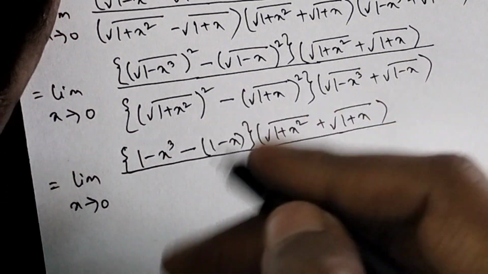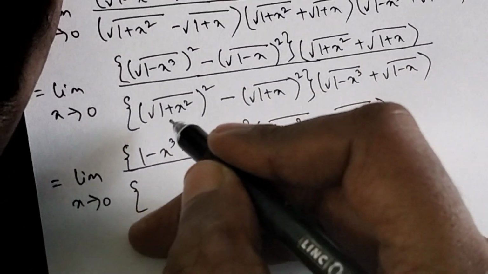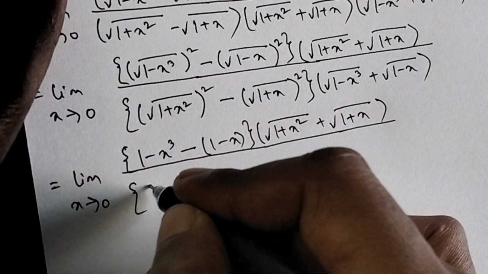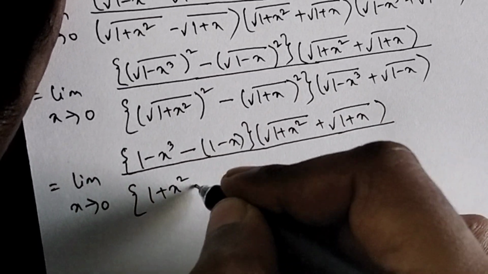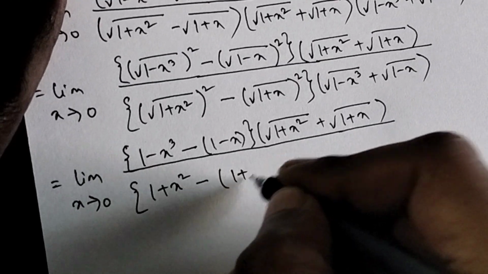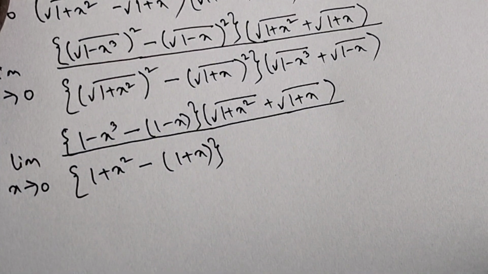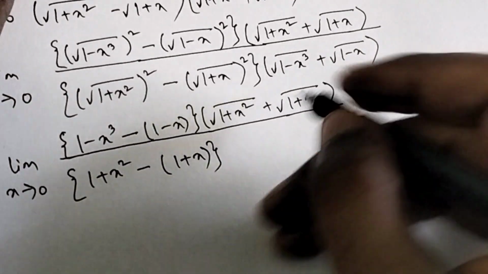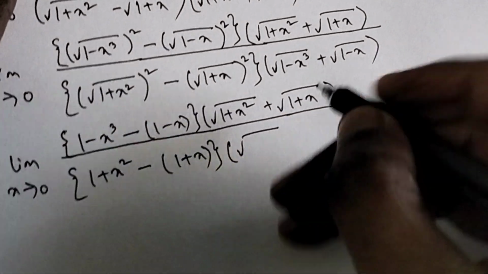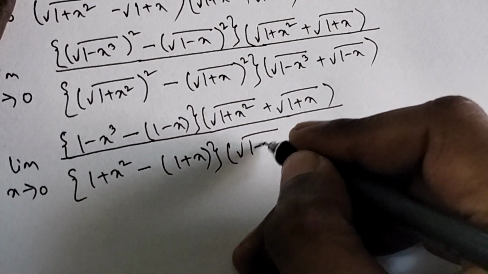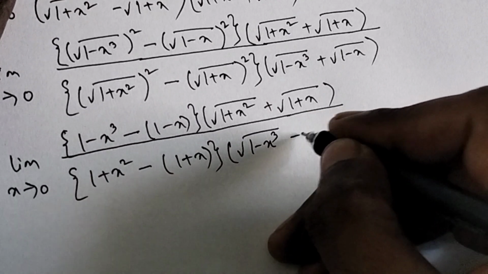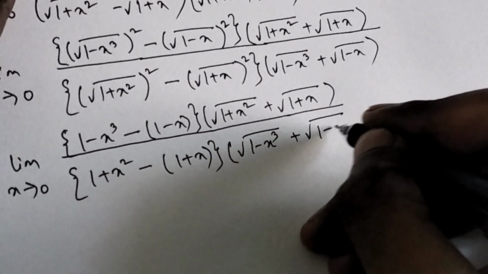Again here it will be 1 plus x square minus 1 plus x, then under root 1 minus x cube plus under root 1 minus x.